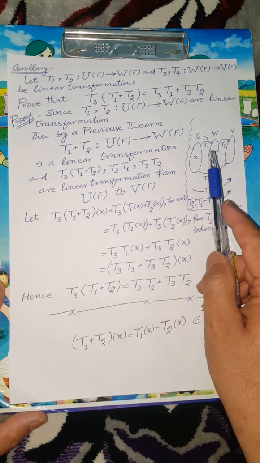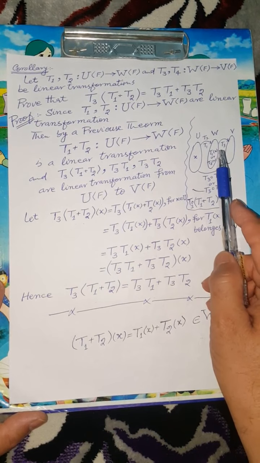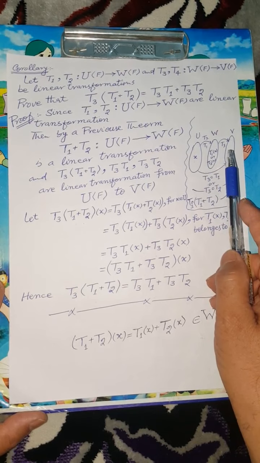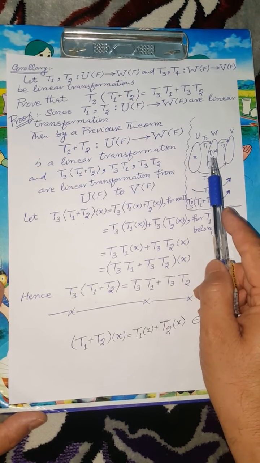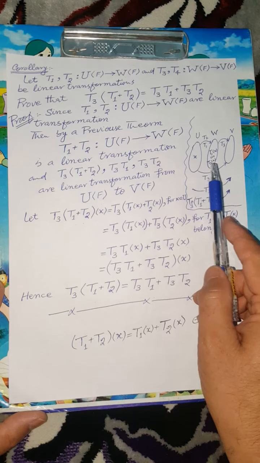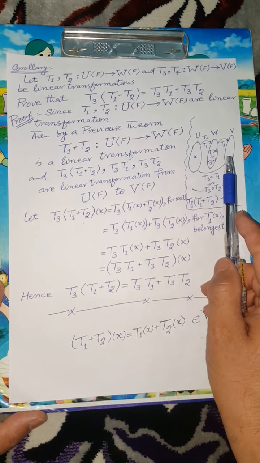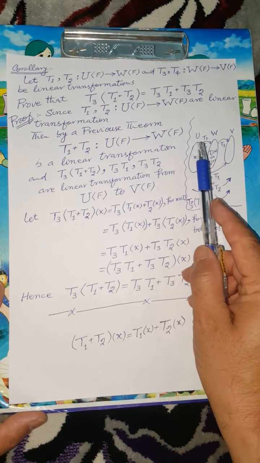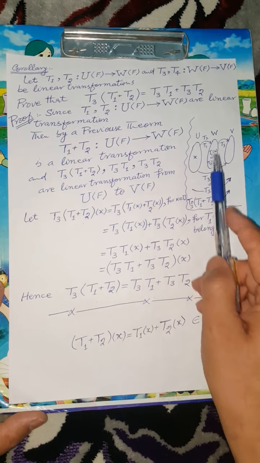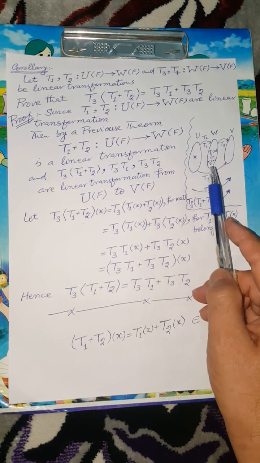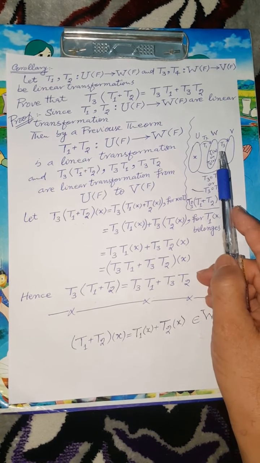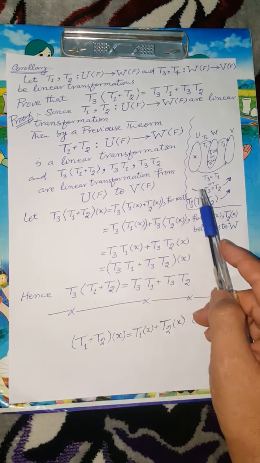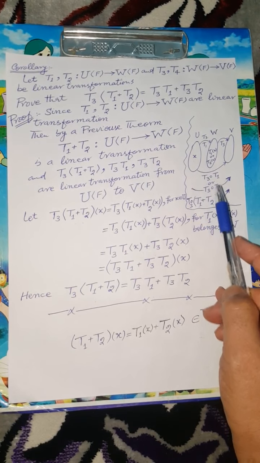And T3 is a linear transformation from the vector space W to the vector space V. Therefore, the image of T1x under the linear transformation T3 is an element of V. That is, the composition of T3 T1 is a linear transformation from the vector space U to the vector space V over the same field F. And T2 is a linear transformation from the vector space U to the vector space W. Therefore, T2x is an element of W, and the image of T2x under the linear transformation T3 is an element of the vector space V. Therefore, that is the composition of T3 on T2.